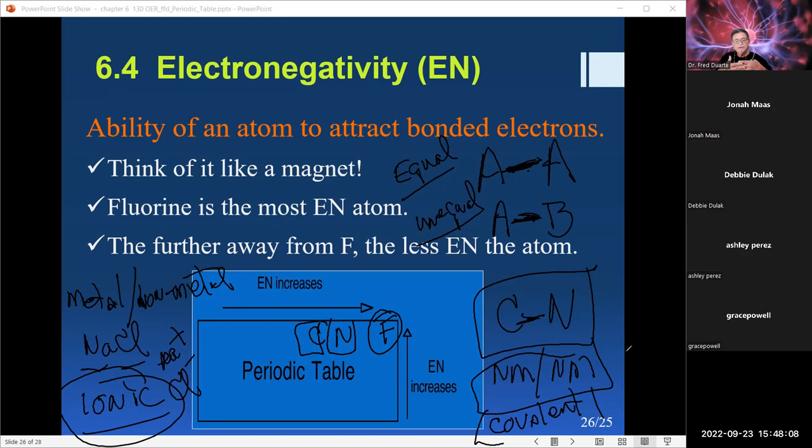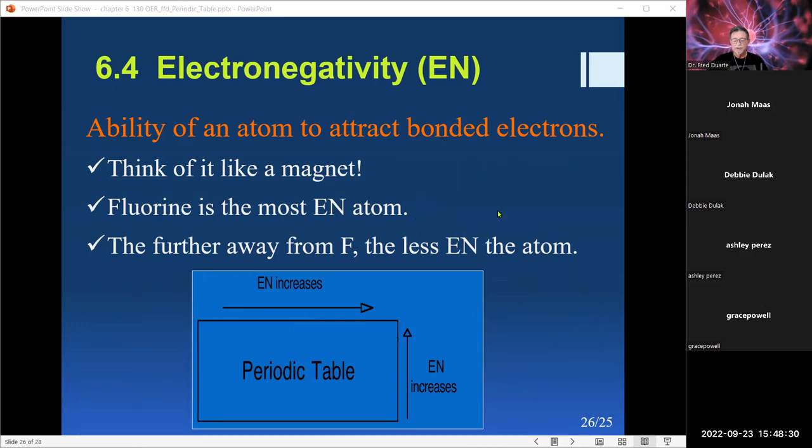If we were to put these in water, they certainly will not break apart. They will remain intact, okay? They don't dissociate. They don't have a full charge. We're going to have a lot more to say about those in time, trust me. But it's all going to come back to this electronegativity.